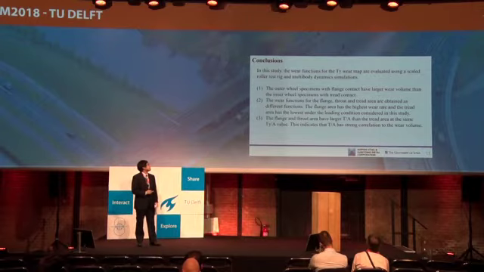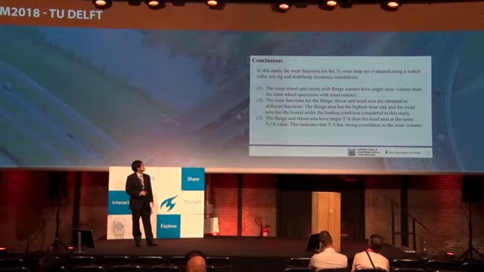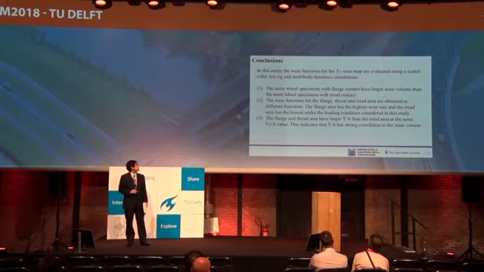The flange area has the highest wear rate, and the tread area has the lowest under the loading condition considered in this study. And third, flange and throat areas have larger T by A than the tread area at the same T gamma by A. This indicates that T by A has a strong correlation to wear volume.